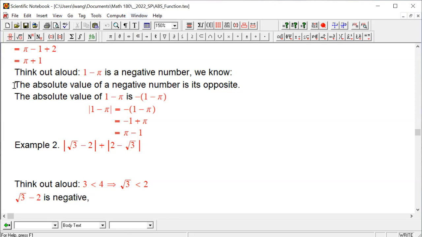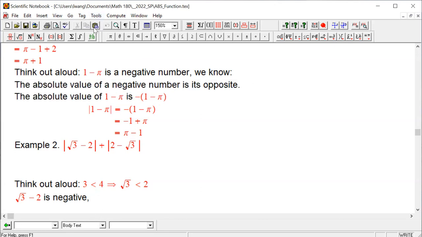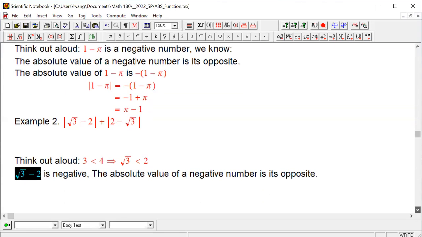So we're going to use that sentence one more time. The absolute value of a negative number, which this is a negative number, is its opposite, right?